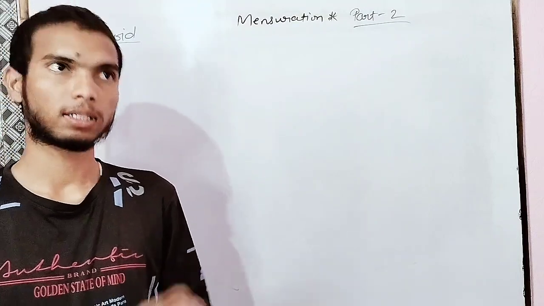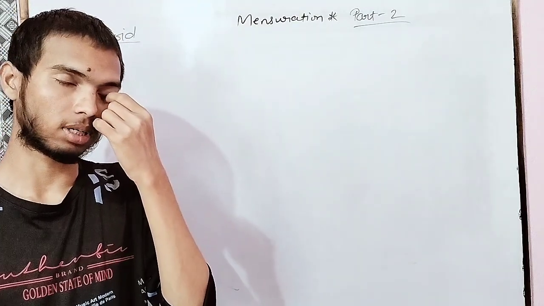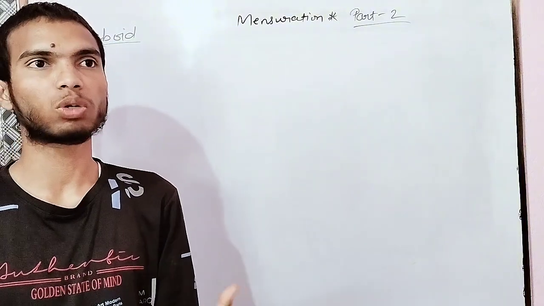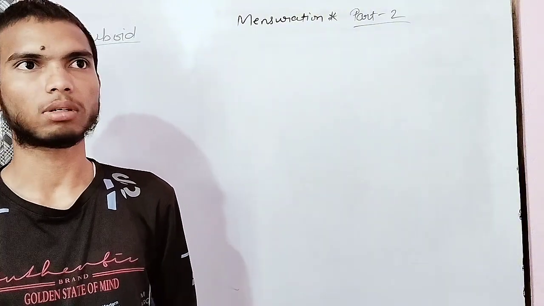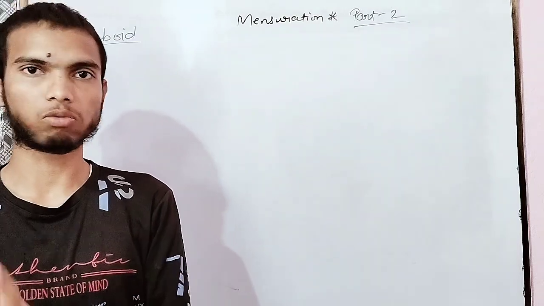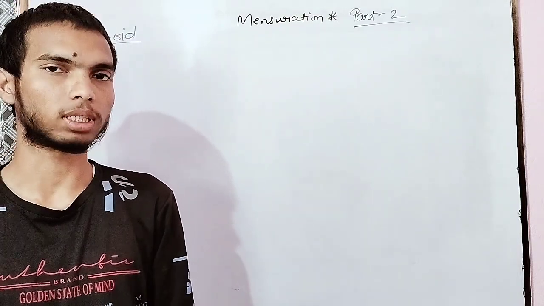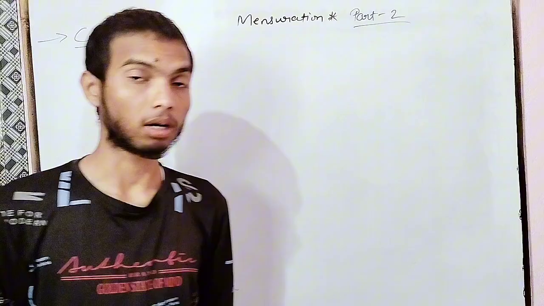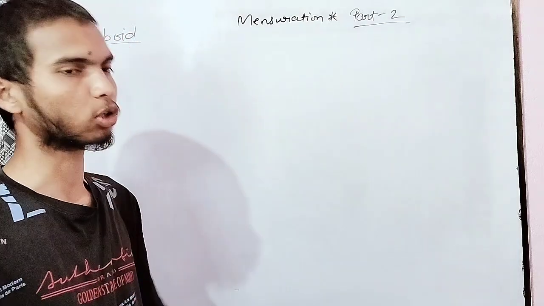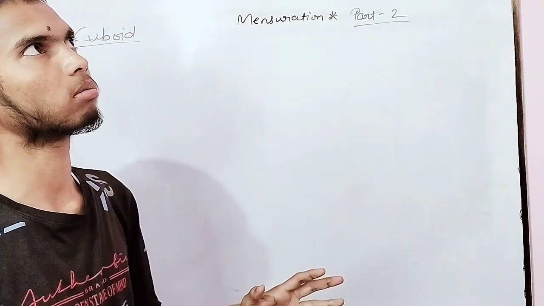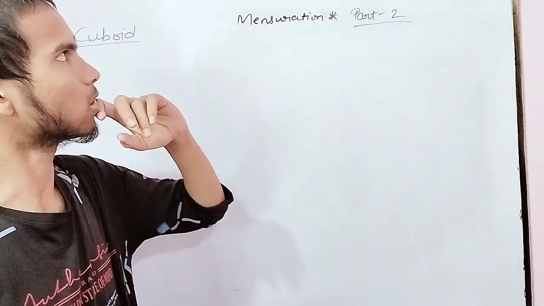Before that, we need to understand how the formulas of 3D shapes came about. In part 2, our focus will be on the discussion of the cuboid, cube, and so what else?